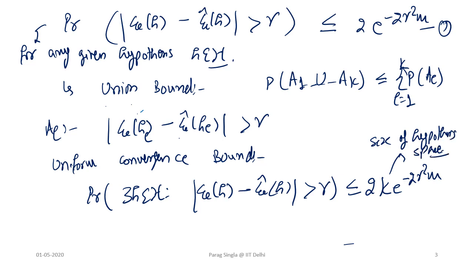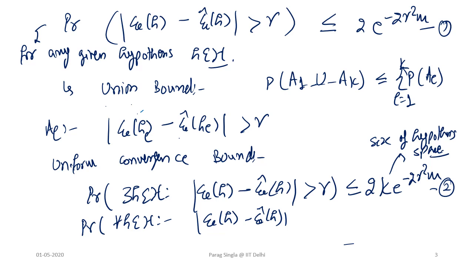Equivalently, we wrote this as the probability that for all h belonging to the hypothesis class, |epsilon h minus epsilon hat h| is less than or equal to gamma, which is the negation of what we have written in equation 2. This probability is greater than or equal to 1 minus 2k e to the minus 2 gamma square m.